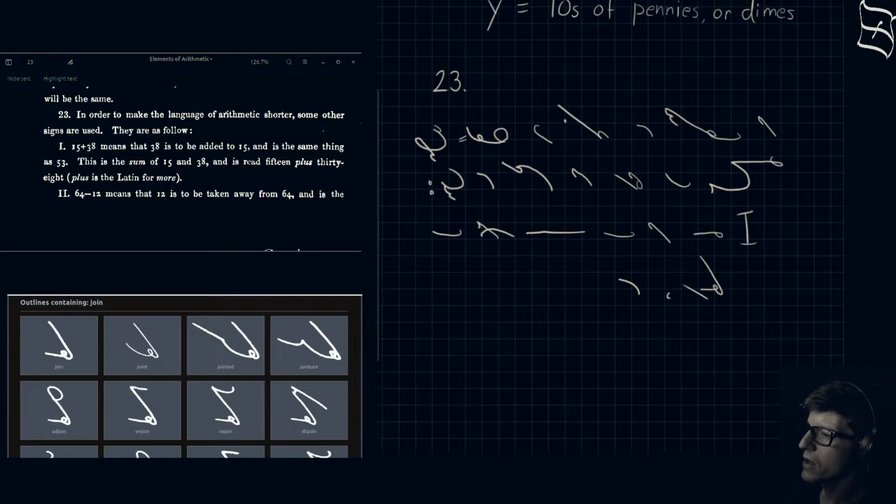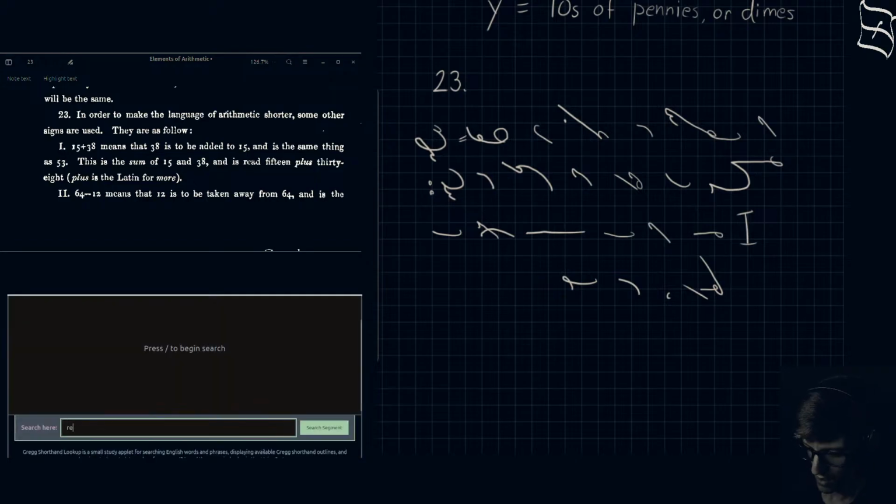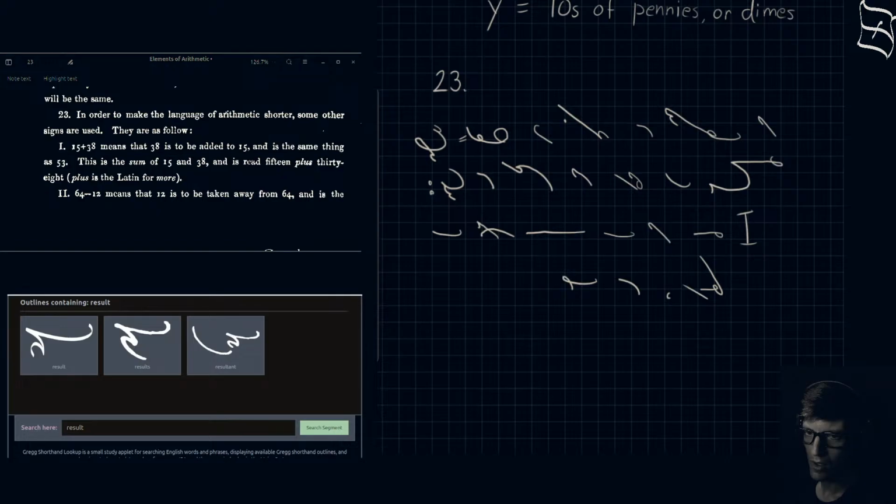No, that is not correct. Result does not use an E. There we go. The result is called the sum, and I'm going to underline that because it's italicized in the book.